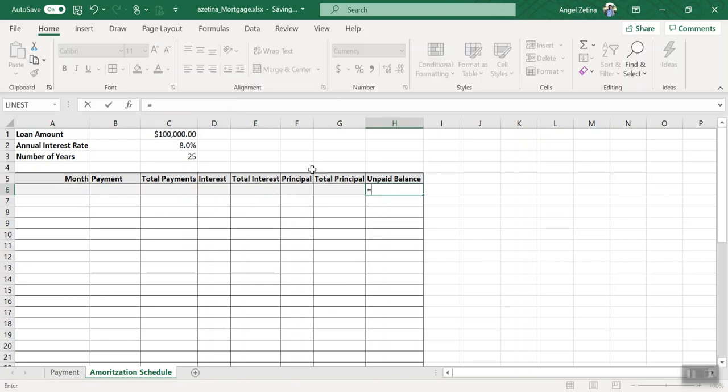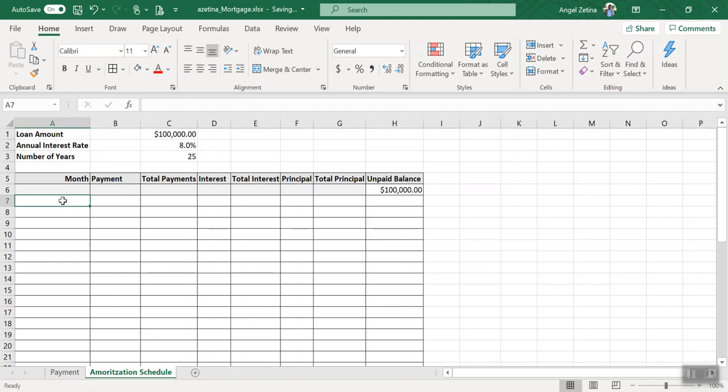So let's reference the loan amount, and here we're going to start by creating the column for the months. We're only going to do 3 years, so we're going to select A7 and enter equals, select A6 plus 1. What I will do is that every time I drag down the arrow, it will increase by 1.